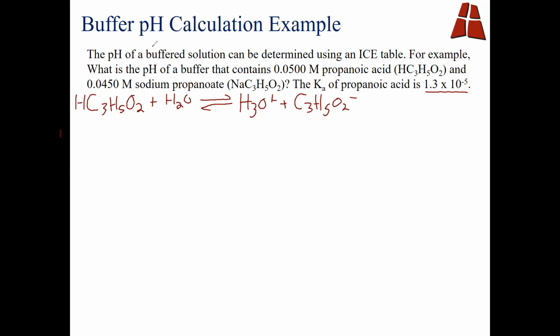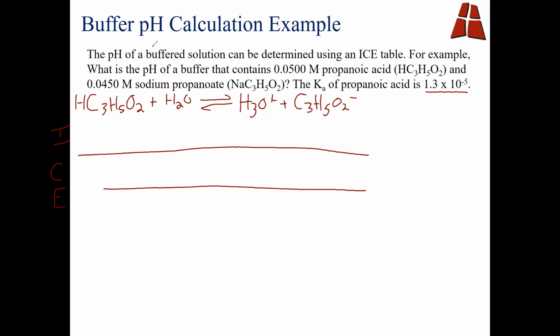Okay, and if we were to make an ice chart, we could fill that in with our known values then. So let me make my lines here. We know that water is our pure liquid, so we won't need to enter any values for that.